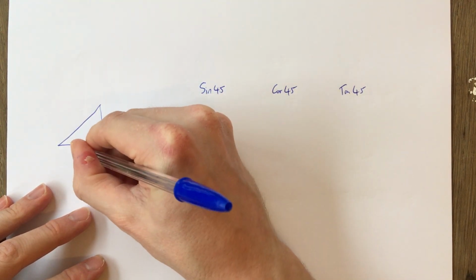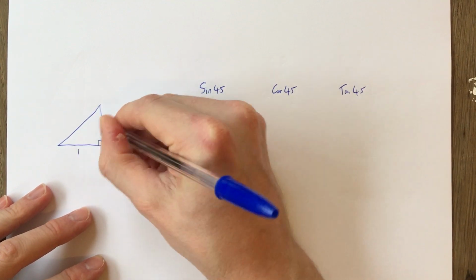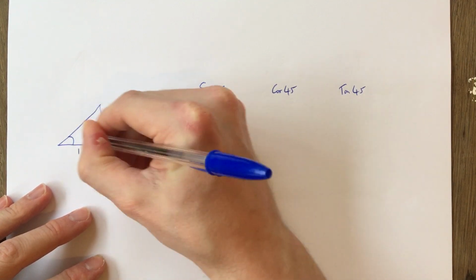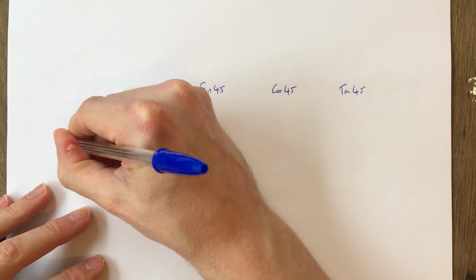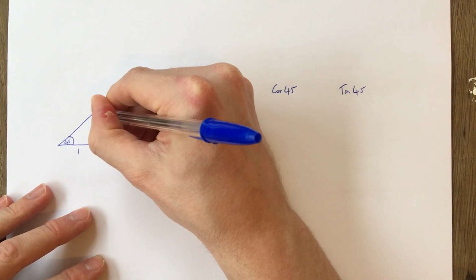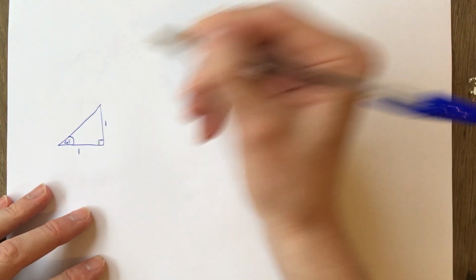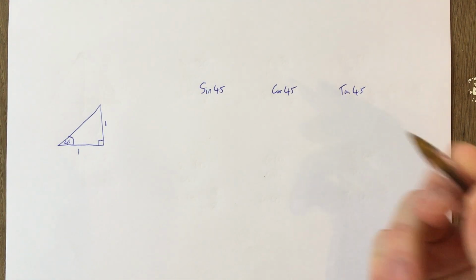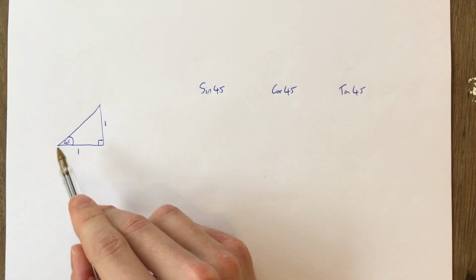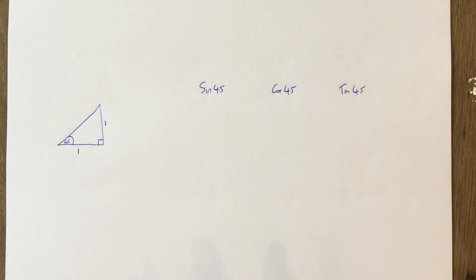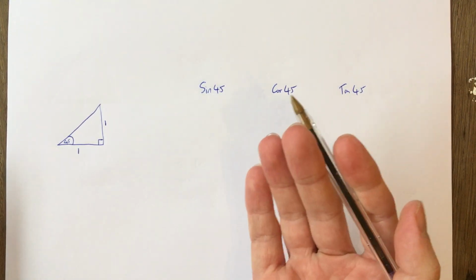So we'll label that 1, label that 1. So these two sides are the same. And therefore, logically, because that's 90, that's got to be 45, and so is that. Okay, because it's an isosceles triangle and needs to add up to 180. So I've just labelled one of them just for the practicality of what we're doing here. And obviously, hopefully, a lot of you recognise why that's going to be 1, that's going to be 1, because that's just a nice value to put. There's got to be the same value because it's isosceles.